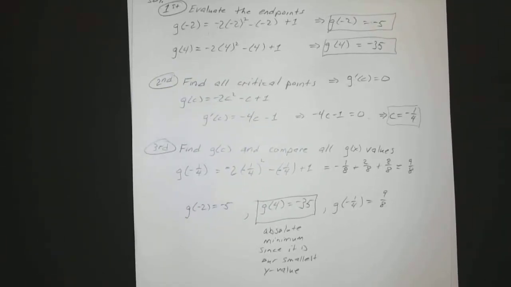Now, if you were looking for the absolute maximum, you do the exact same steps, but when you get to this part, you look for the largest y value. So in this case, our absolute maximum is 9/8.